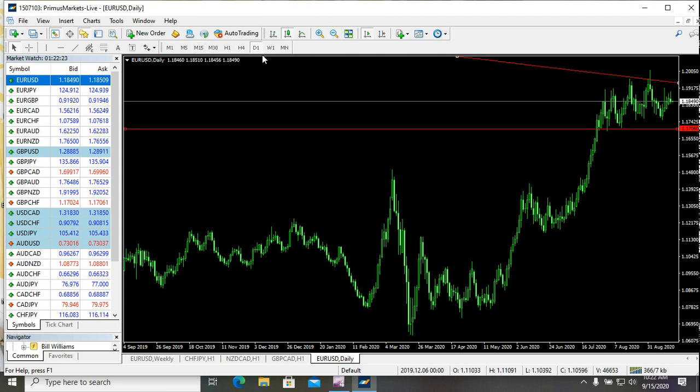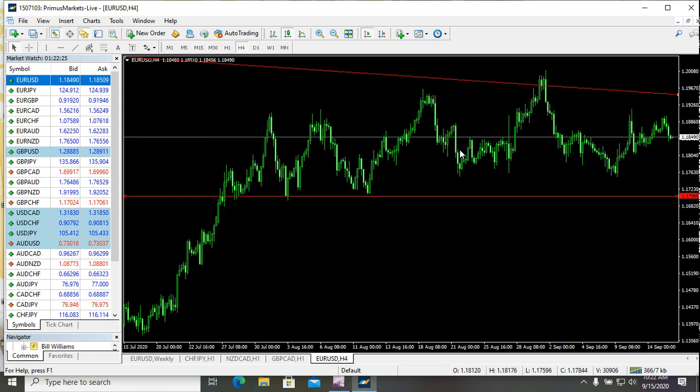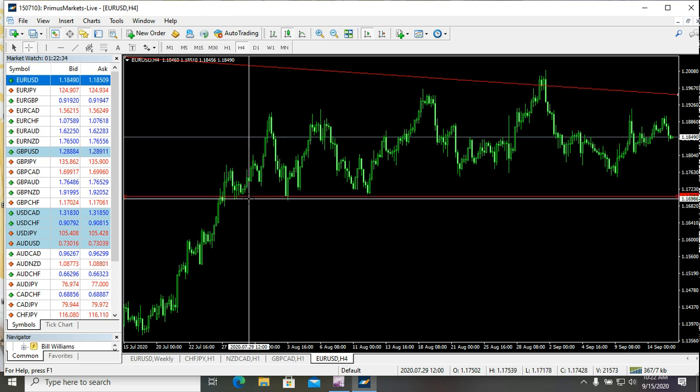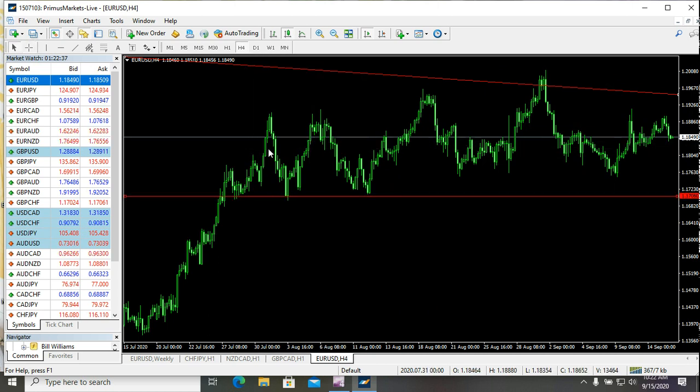If you love what we are doing now, you can see I have just switched to the 4-hour, and on the 4-hour you can see that there has been a great consolidation. All this area here has been a consolidation phase. So this is to tell you that something is about to happen.